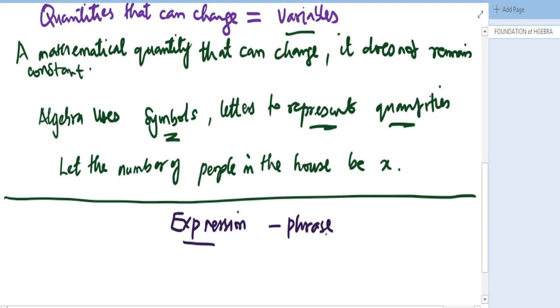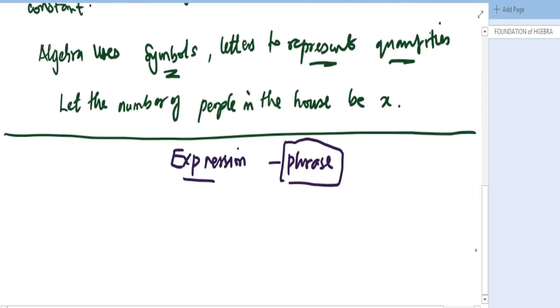In any case, it's an expression. In mathematics, a mathematical expression is usually a phrase which takes the form of what? A combination of numbers, or a combination of letters, or a combination of both.